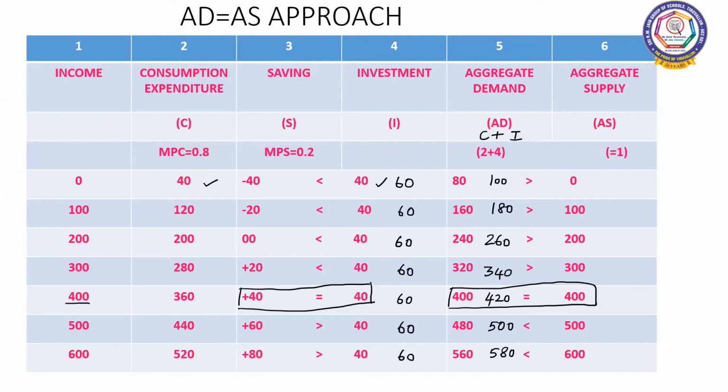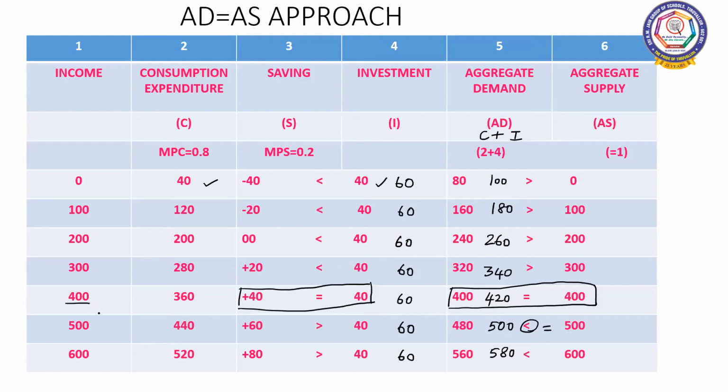Now when you just compare with AS, you will not get this as the equilibrium level because AD is 420, whereas AS is 400. AD is greater than AS. But you see the next level, 500, it is equal to 500 here.